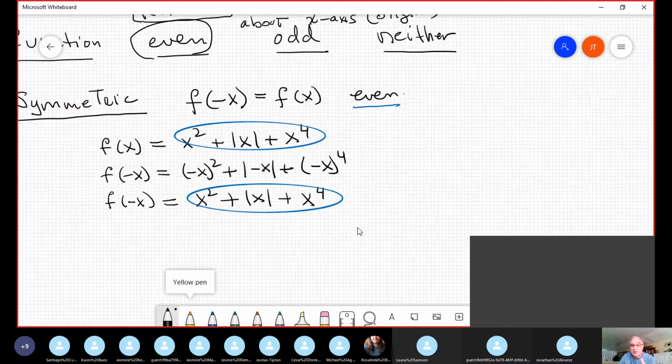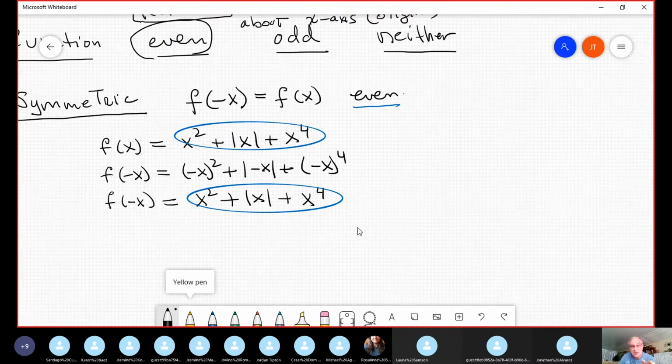Even exponent. So an even exponent always gives an even function? No, there are examples that no. Okay, but in this case, yes. Don't try to generalize everything.